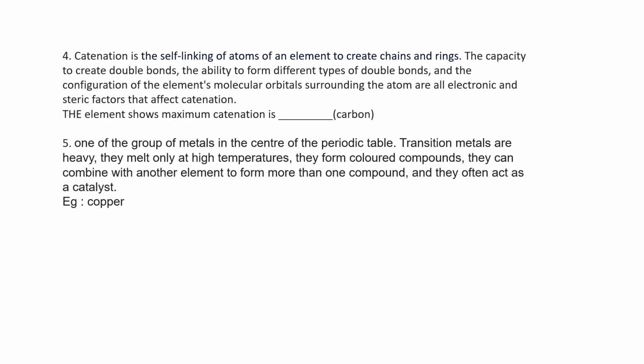So you might understand, catenation is the self-linking of atoms of an element to create chains or rings. For example, C connects with H in CH4.